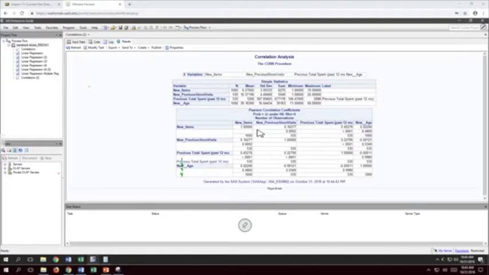So the correlations that we're looking at, we've got a 0.2 between items and previous store visits, a 0.45 between items and total spend. I don't really care about age. A 0.2 between previous store visits and previous total spend.